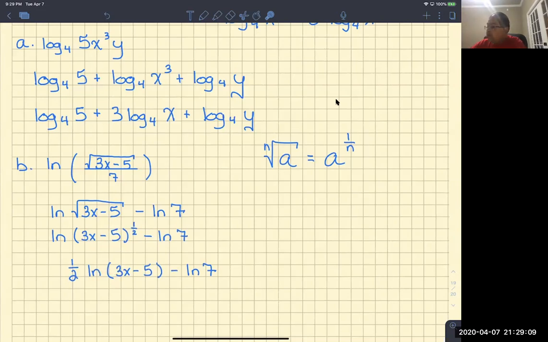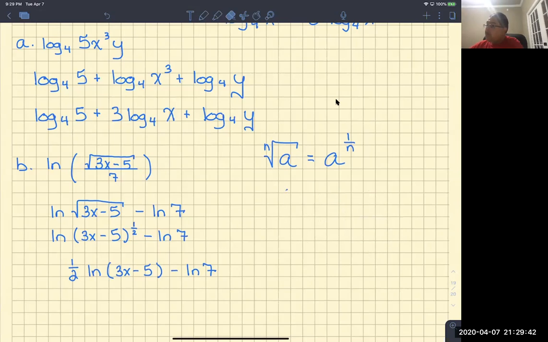So in order for me to be able to expand the natural log of 3x minus 5, or separate the 3 and the x, I have to first rewrite this as the natural log of 3x minus the natural log of 5. But remember from our previous discussions, we can't do that. So this is not a true statement. So we can't separate this, so we can't further expand anymore.